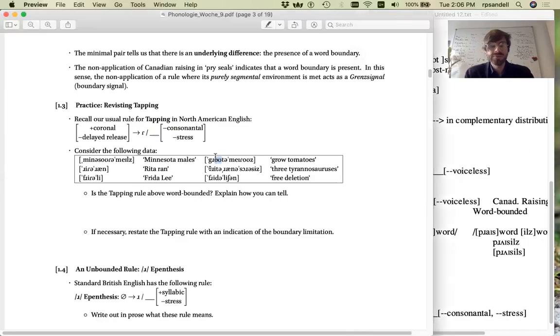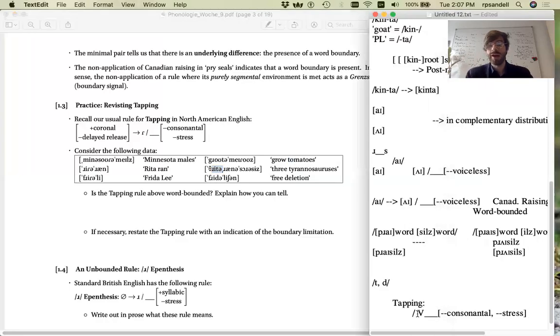So within these cases where we see tapping applying inside of the same word, there's a vowel. In these cases, we have words that begin with an alveolar stop: tomatoes, tyrannosauruses, and deletion. And having a word preceding, like three, grow, and free, which end in a vowel, provides the necessary further part for the application of tapping.